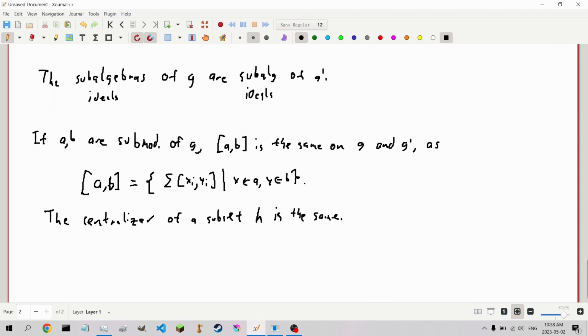Keep in mind that the centralizer of H in G is x in G, such that the bracket of x with all of H is just the element 0. And as this is a bracket-based construction only, as this doesn't use scalar multiplication at all, this is going to be the same on G prime.